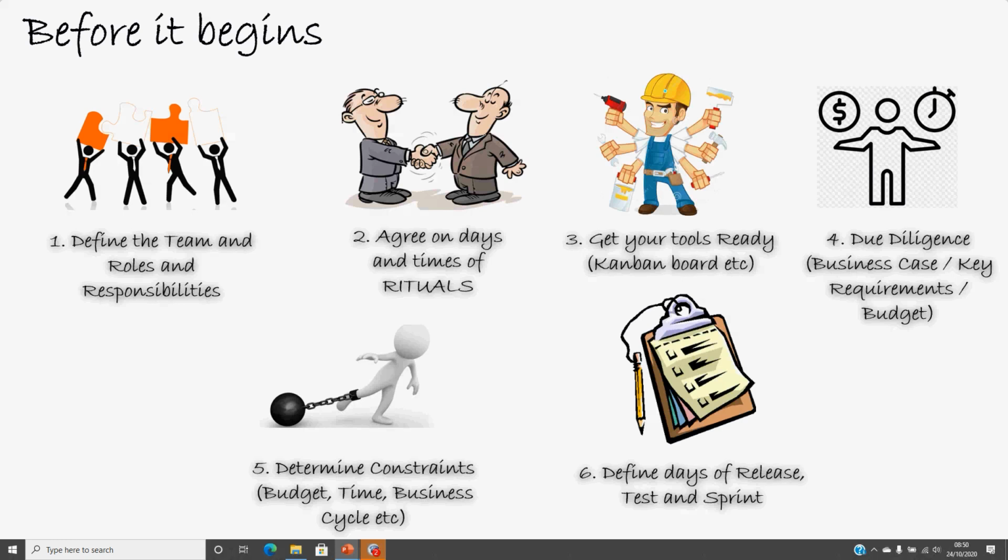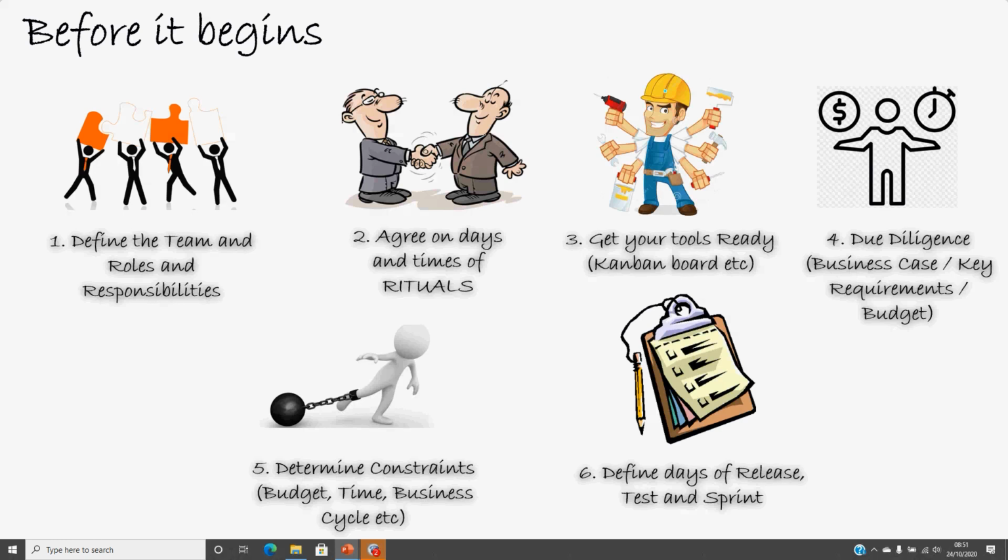And then you do your due diligence by creating your business case and defining your key requirements and your budget, etc. For your sprint planning, you actually are going to go through what is your business case that is behind the project, why you are delivering that project, why you are developing this particular product, etc. What are your key requirements?